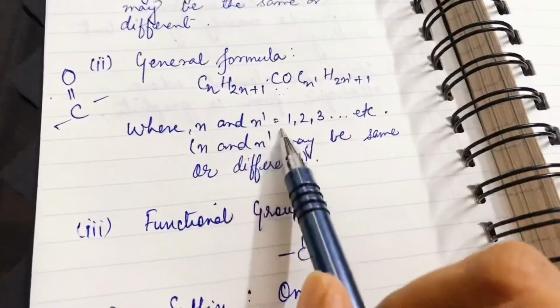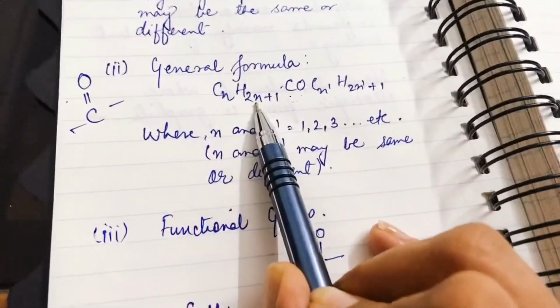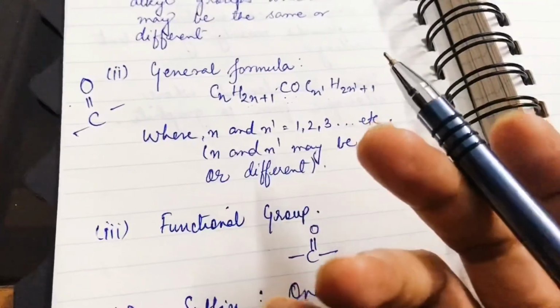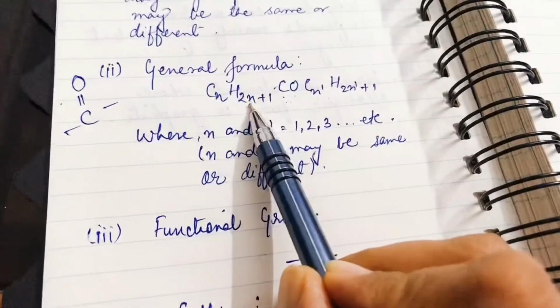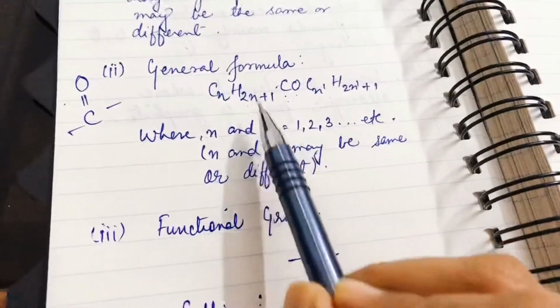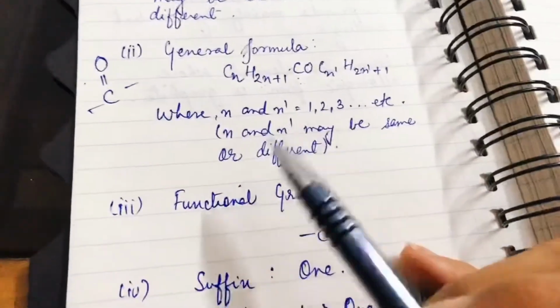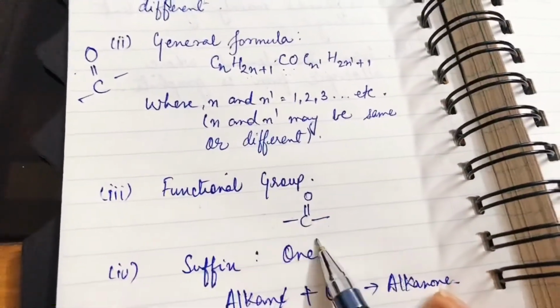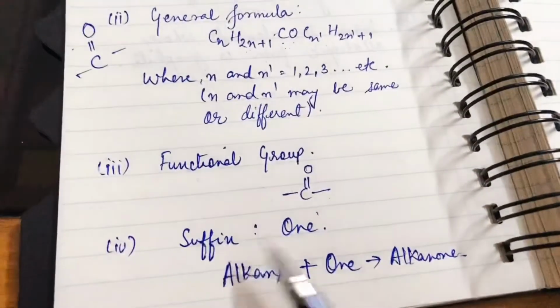See students, what I have done to represent these: we can see n or n dash. It can be 1, 2, 3, as in the case of alkane you have seen, right? So after putting the value of n, whether you put 1 or 2 or 3, in the same way here you will get the entire formula. And then the functional group, as I have told you, is ketone. And the suffix is -one.